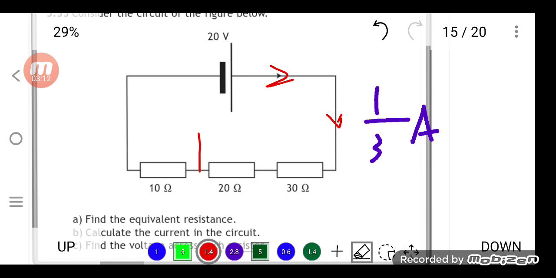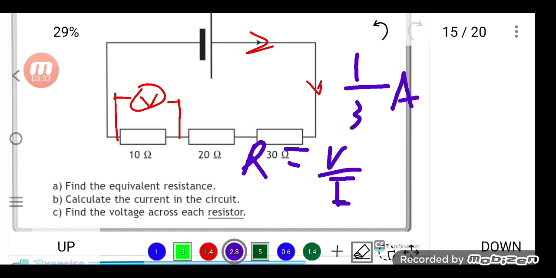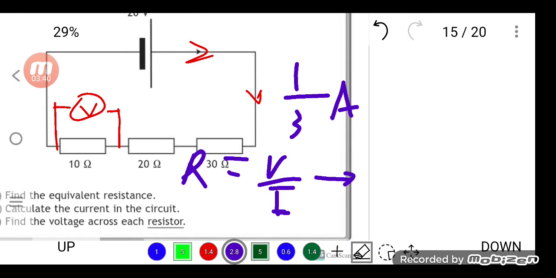Let's assume that here we have a voltmeter, and we want to measure the voltage across the first resistor. Also here we use Ohm's law. R is equal to V over I. Now in this case, we want to find the voltage of the 10 ohm resistor. So now we replace 10 is equal to V, which we don't know, divided by the current.